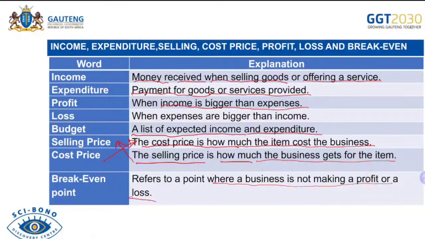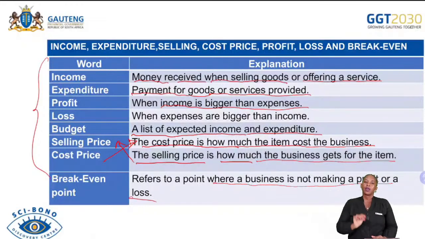And remember, all these terminologies, boys and girls, they are examinable. When they ask in the exam, they will say, define or give us the meaning of this term, income, based on the given context. That means they will give you a story that you must read, and after reading that story with the information, they ask you questions. Remember, when we were doing the financial documents, we said they're very important.